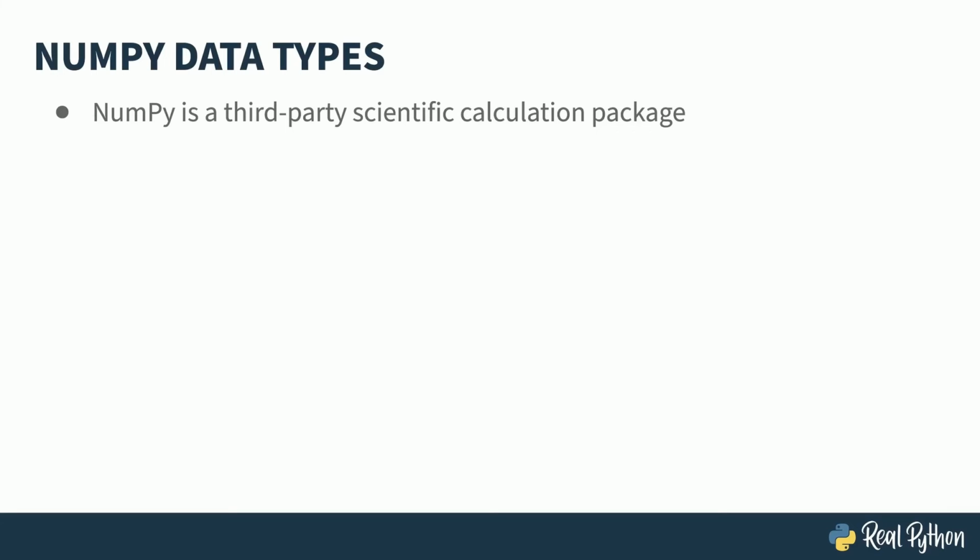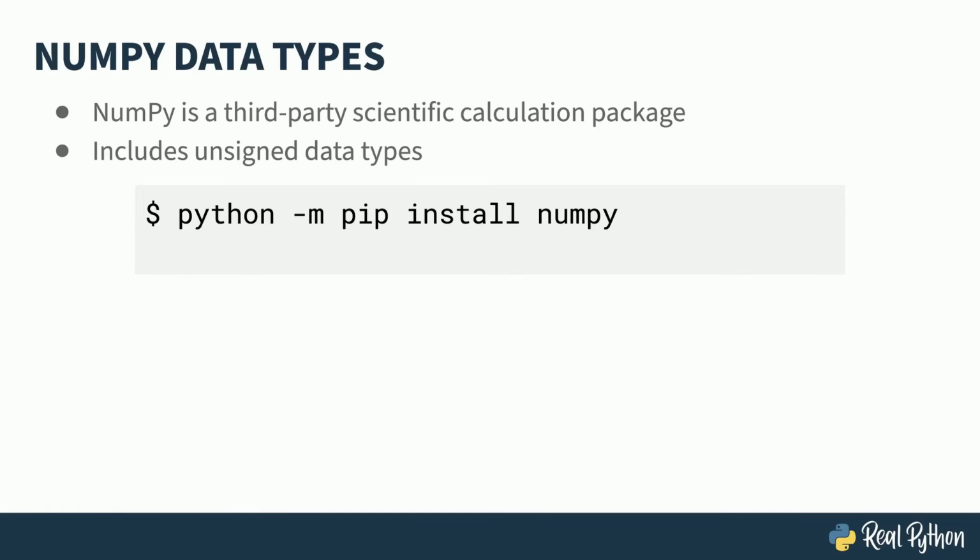There is a solution, but it doesn't come standard with the Python library. NumPy is a third party scientific calculation library. It is quite popular, and the underlying implementation is built in C, so it is also very performant. NumPy provides a number of alternate data types, including unsigned ones. To install NumPy, use pip.